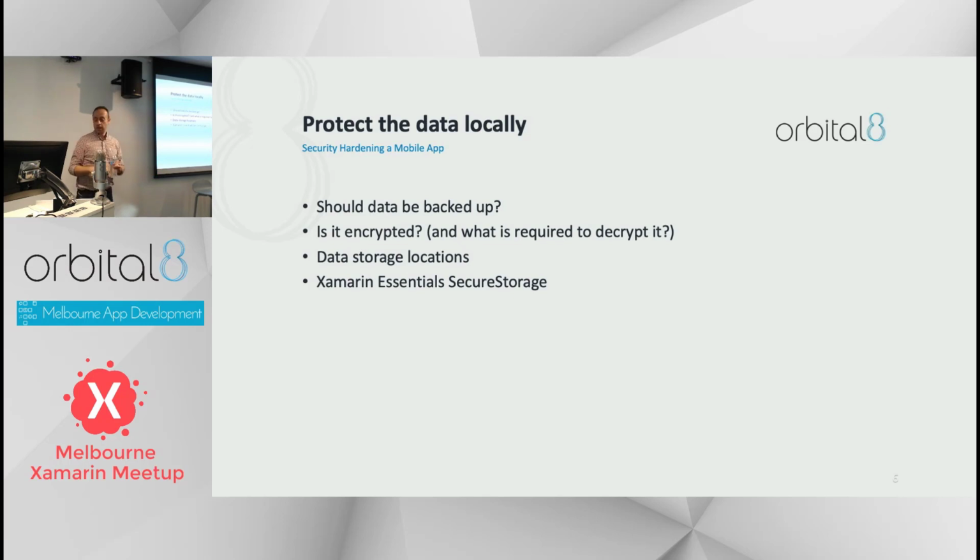So it only supports API 18 and above, so it's asymmetric encryption up to API 23 and symmetric above. Not that that's a huge concern, but probably what is notable is that going back to the backup, you probably want to exclude the encrypted shared preferences file from backups in the same way that we were just talking about earlier.